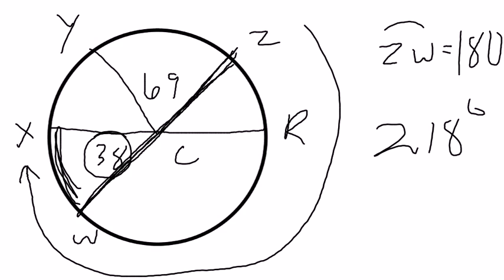Number 6, find the value of x. We have a chord, which is 15. We have a center, which is 8. We have a little segment coming down that's perpendicular.